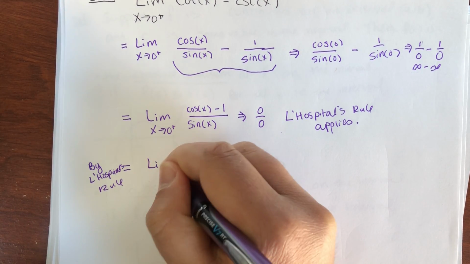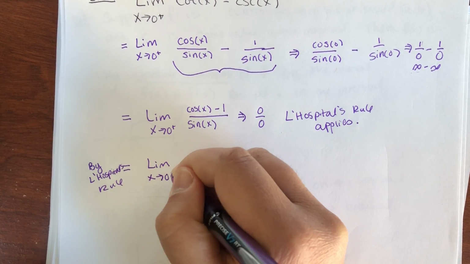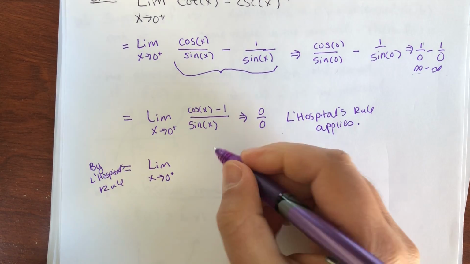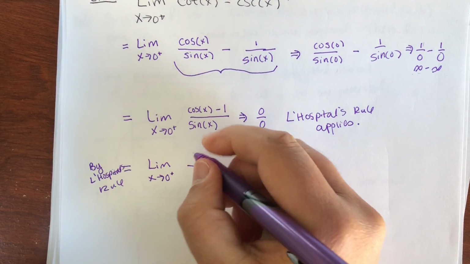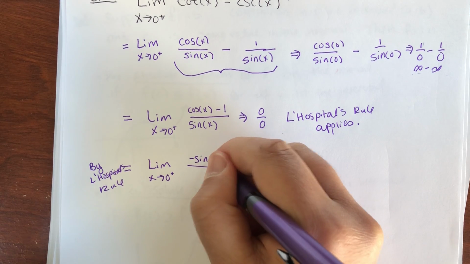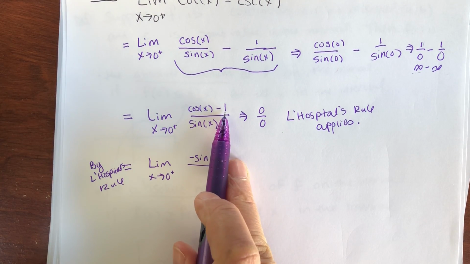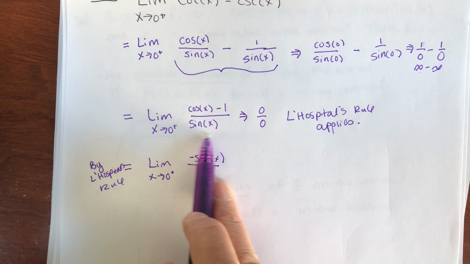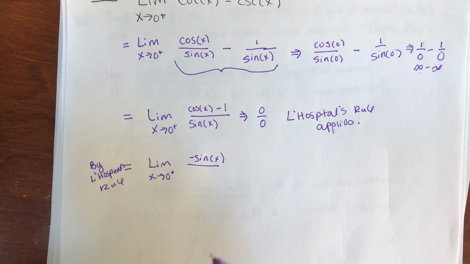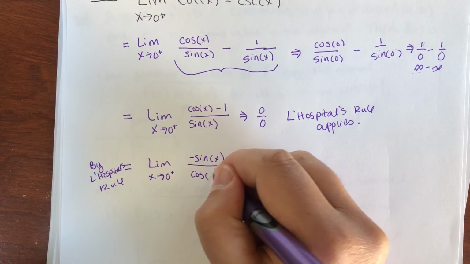This is equal to the limit as x goes to 0 from the right of the derivative of cosine, which is, remember, negative sine of x. The derivative of negative 1 is nothing, and the derivative of the denominator sine would be cosine of x.